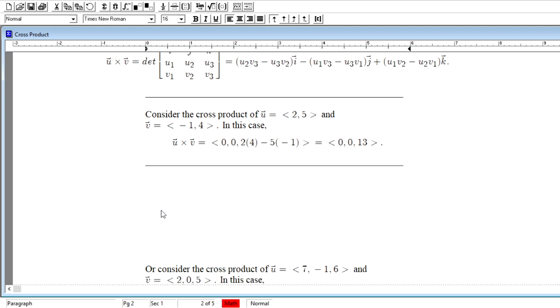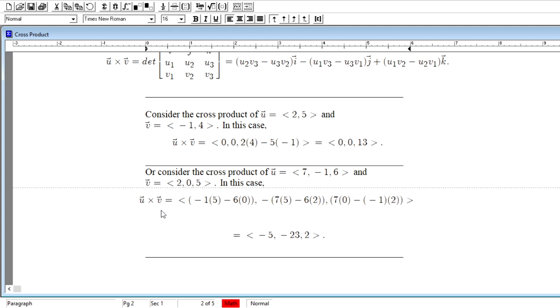If we consider the cross product in a three-dimensional calculation, again, this is all just the formula given above. For u given by negative 1, 6, and v given by 2, 0, 5, the first component comes from negative 1 times 5 minus 6 times 0. Negative 1 times 5 is negative 5, minus 0 times 6 is 0, so it's just negative 5 for the first component.